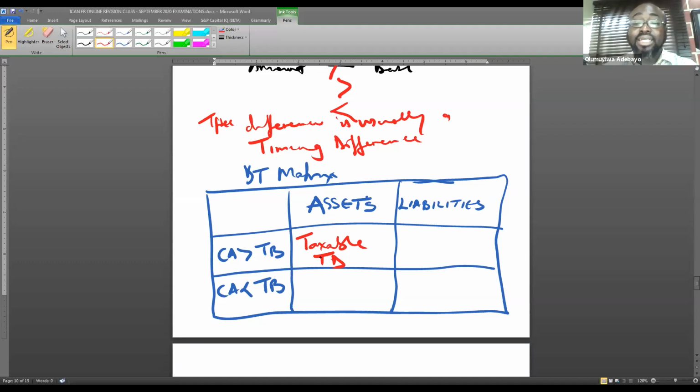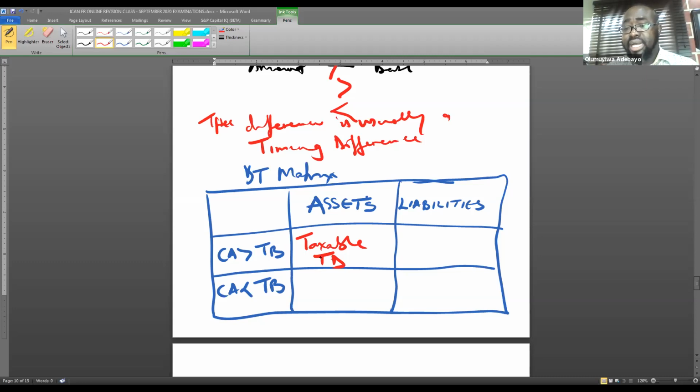Remember that assets and liabilities are always moving in opposite directions. The question then is, if I recognize that the carrying amount of an asset being greater than tax base will result in a taxable temporary difference, what if it's not an asset, but a liability that has its carrying amount greater than tax base? Will it still show me the same position as an asset?